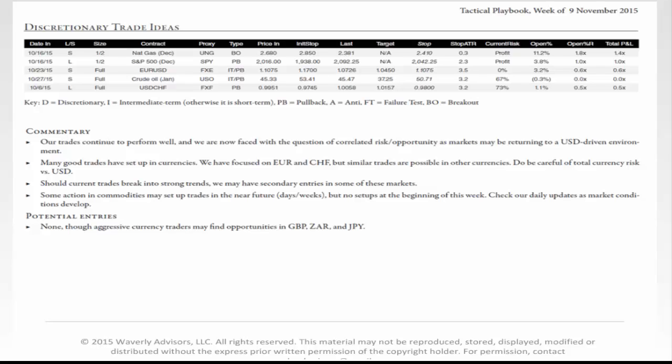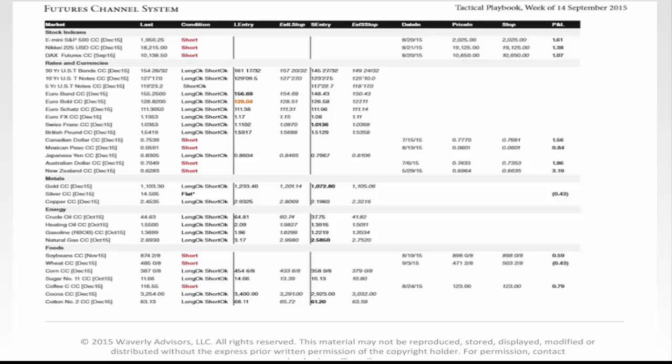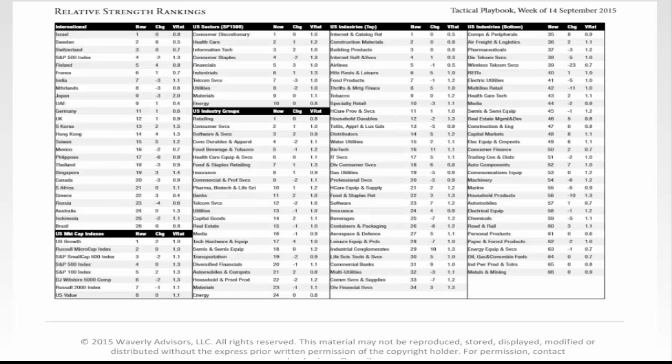We also publish a channel system, a trend following system. If you want to run your own CTA, this is a trend following system that has a strong edge and it's performed very well. This comes out in the report every day, with precise entry and exit levels. And then we do include a number of other things. Relative strength is an important concept.